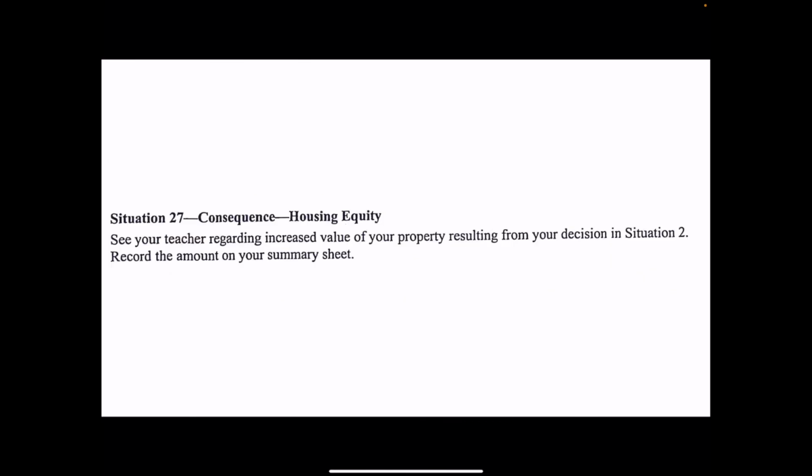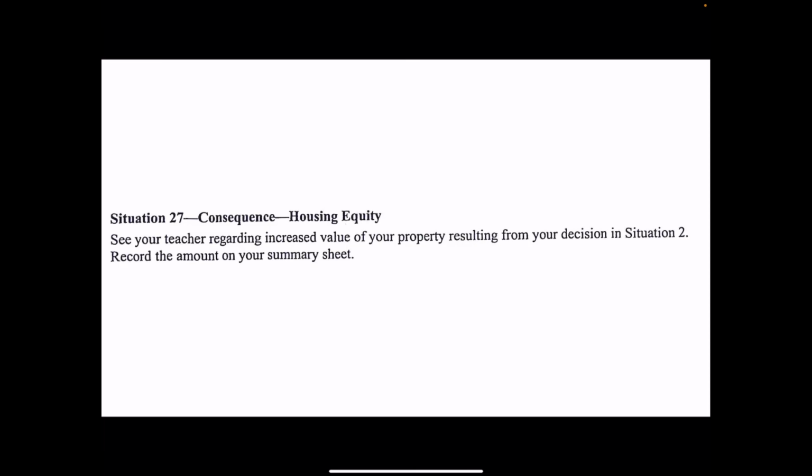Situation 27. It says, see your teacher regarding increased value of your property resulting from your decision in situation 2. So take a look at situation 2. That was to rent or to buy. Remember, A was to rent an apartment, B, you were going to buy a previously owned house, and C, buying a condominium. So if you chose to rent, obviously your property is not going to increase.